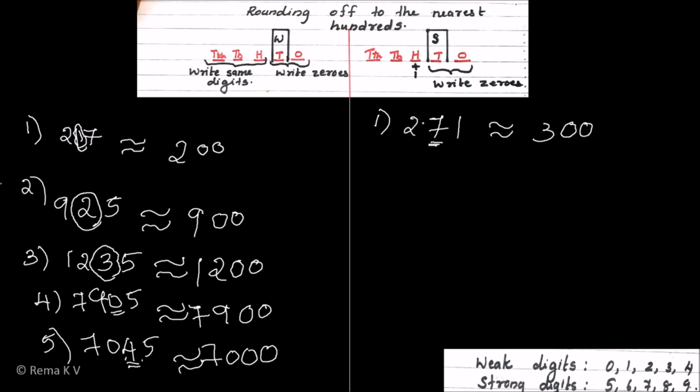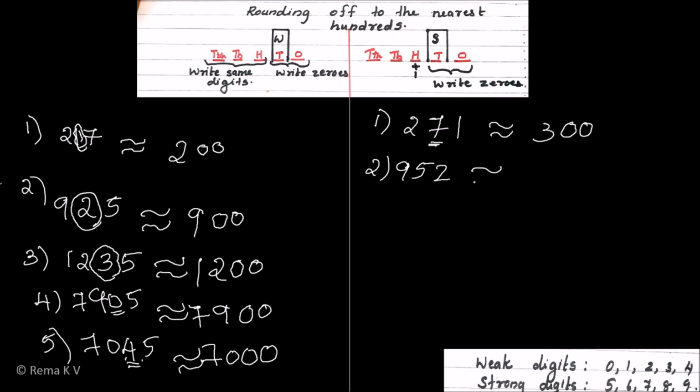So if this is a strong digit, add 1 to this number in the hundreds place. 2 plus 1 gives 3. So write 3 here. 271 is rounded off to 300. Now let us consider another example. 952.